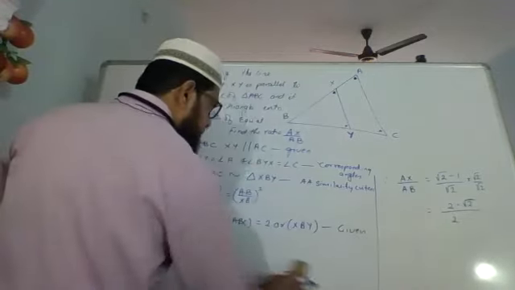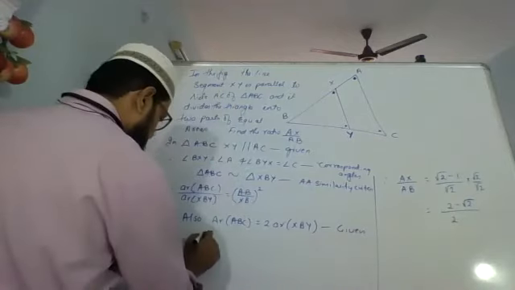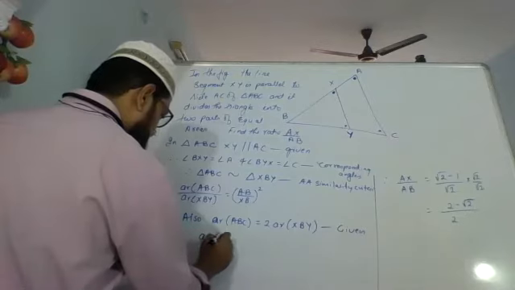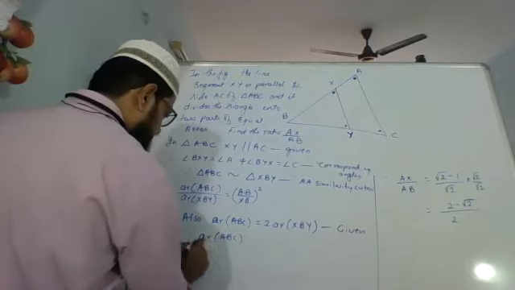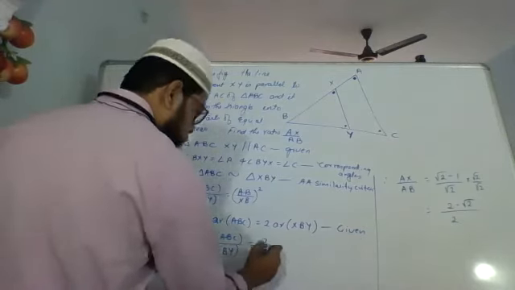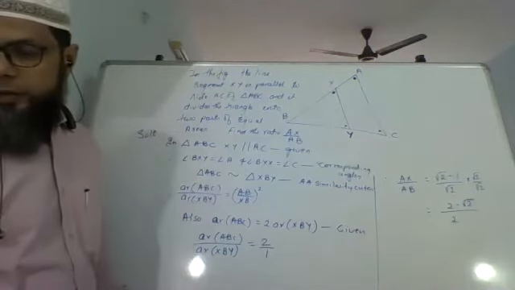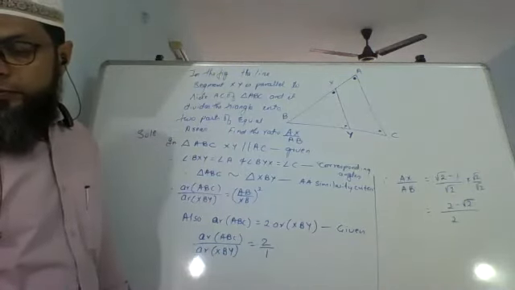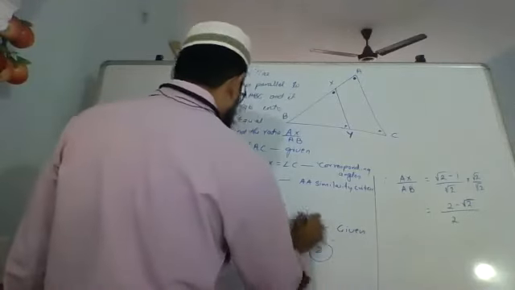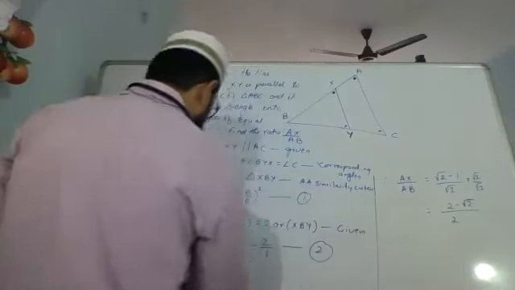So what is going to happen if that is the case? Therefore, area ABC upon area XBY equals 2 upon 1. Call this 2. This was 1.